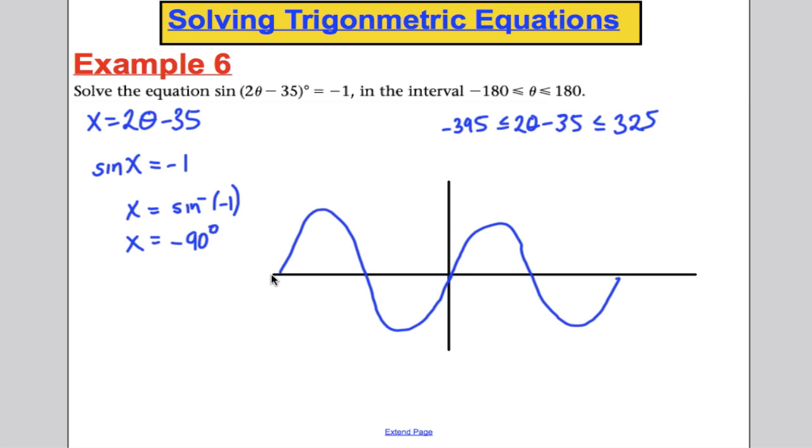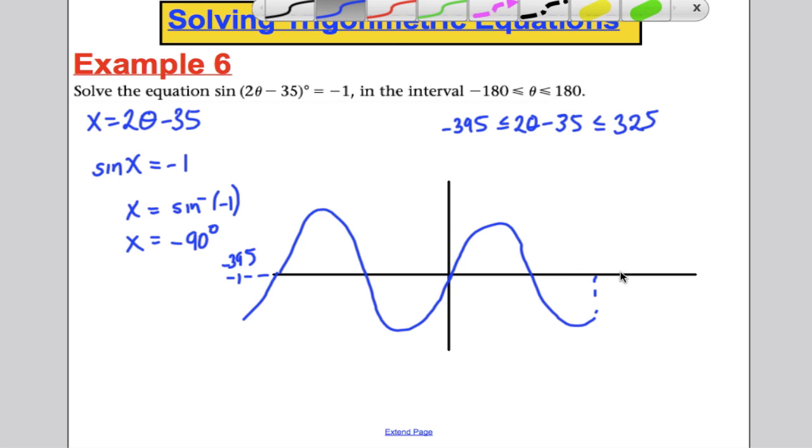We want to continue it, if that's minus 360, another bit here to minus 395, and we wanted to really stop it at 325, which we might say is somewhere like here. That should be 325. And our principal value was negative 90, so negative 90 is here.